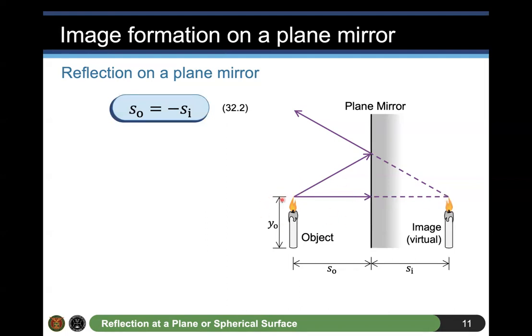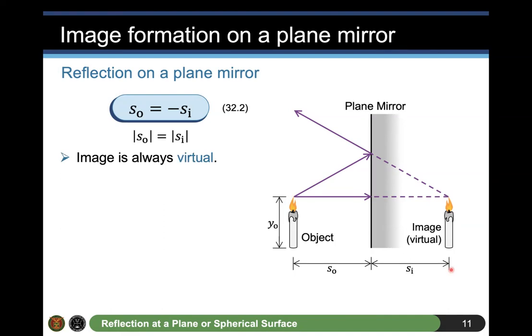This is the incoming plane, where the incoming rays are, and these are the outgoing rays, so the outgoing plane is here too. Since the image forms on the different side of the outgoing plane, the image is virtual. So whatever S_I we get will just be a negative number. The sign of the image distance is negative.